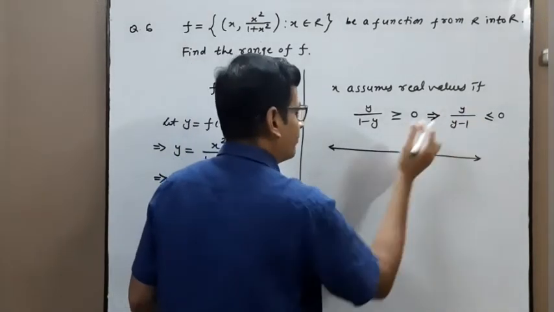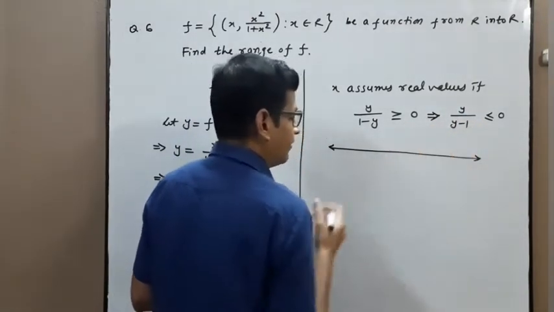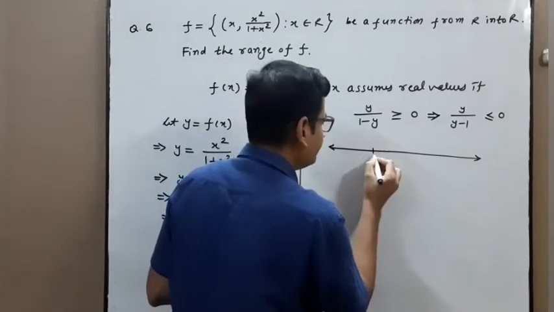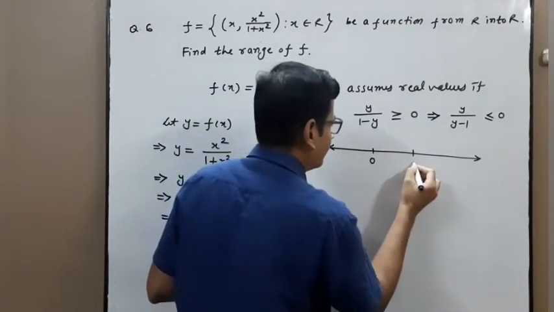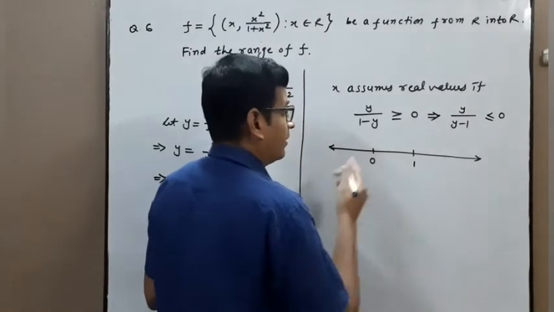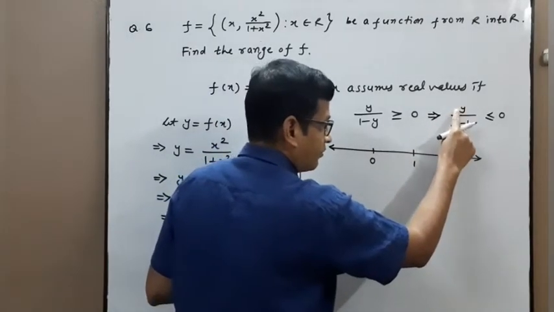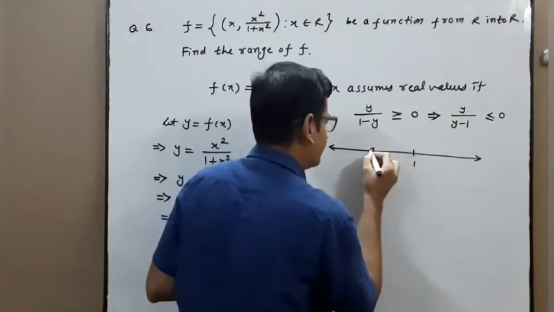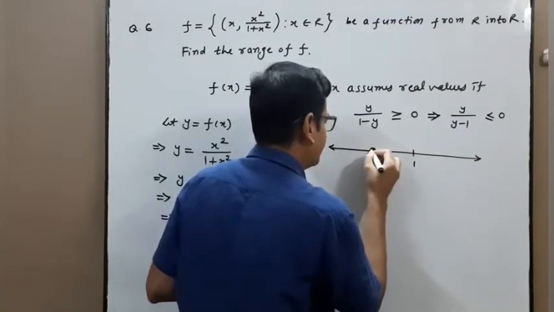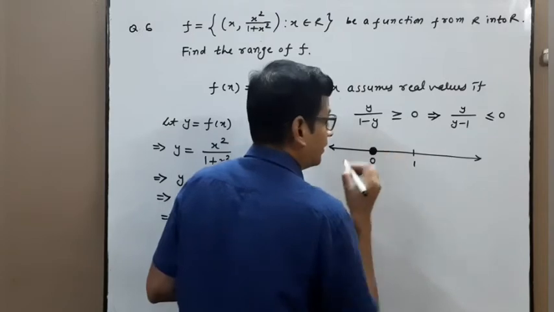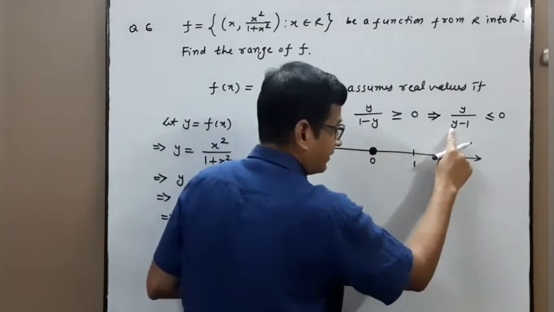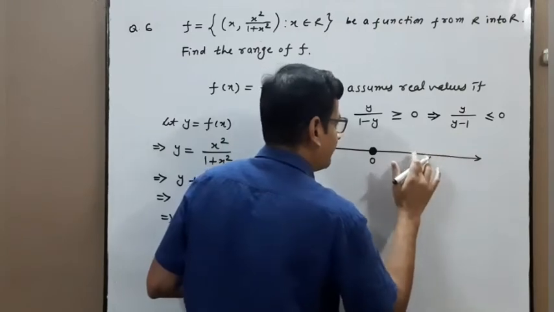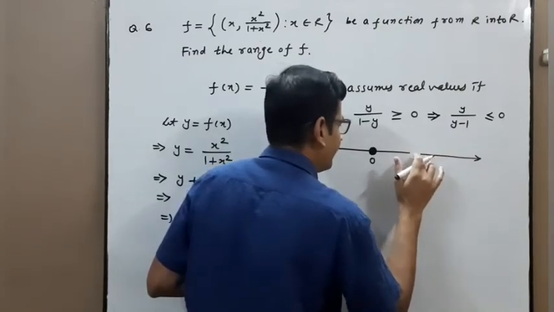Now put y equal to 0 or y minus 1 equal to 0. So there are two turning points, 0 and 1. At y equal to 0 the value of this is 0, so including 0. But at y equal to 1 we get 1 upon 0, and we can't divide any number by 0 in maths.